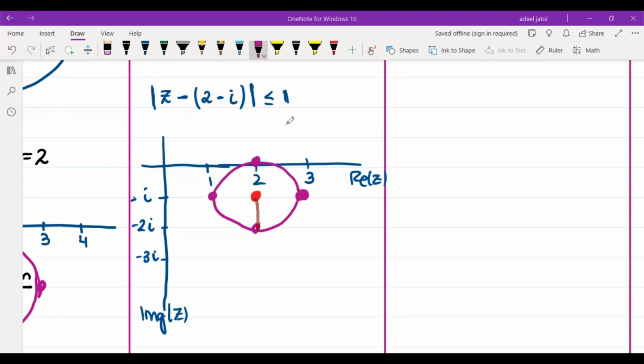Now, what does this inequality represent? Normally, you had an equal to sign, and that was fine. But the inequality represents a shaded part. You will be shading it inside the circle.